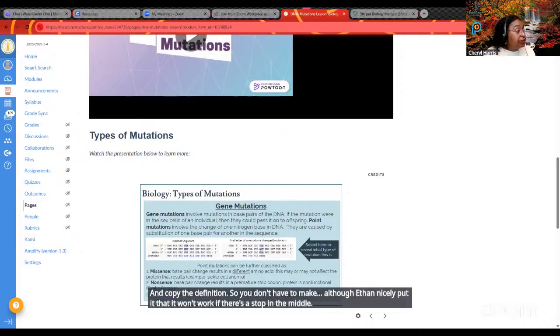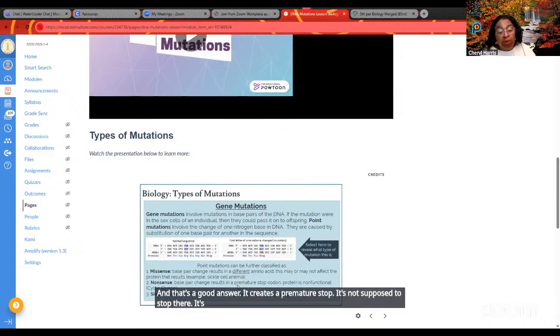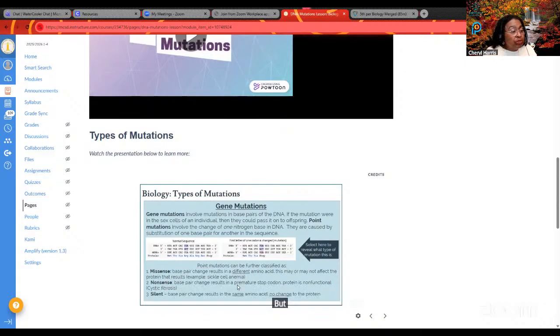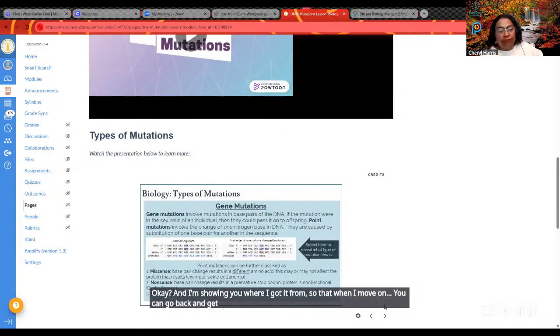And that's a good answer. But it creates a premature stop. It's not supposed to stop there. It's supposed to keep making the protein, but all of a sudden you're stopping. So it's a premature stop. Thus, it's going to create a short protein that has no function at all. Okay? And I'm showing you where I got it from so that when I move on, you can go back and get it for yourself.